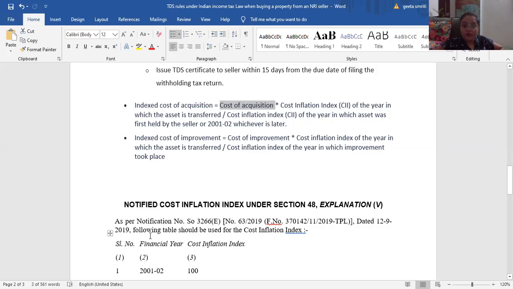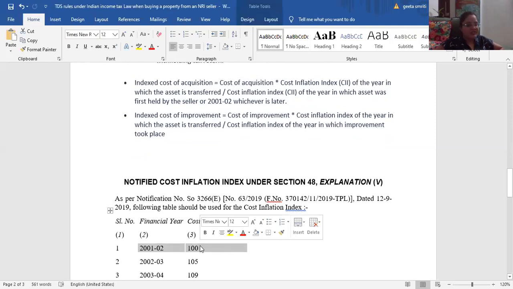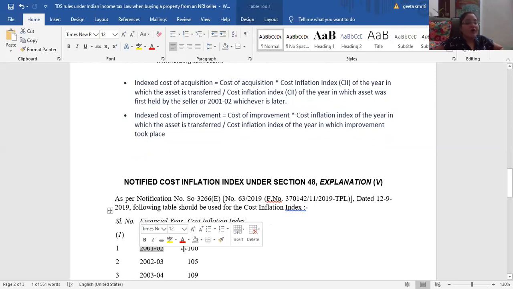Because as per the new cost inflation index, the base year has been considered as 2001. So if it is purchased after 2001-2, then it should be the cost inflation index of the year in which it was actually purchased. Say if it was purchased in 2002-3, then 2002-3, or if it was purchased before 2001-2, then the cost inflation index of 2001-2, which will be 100.